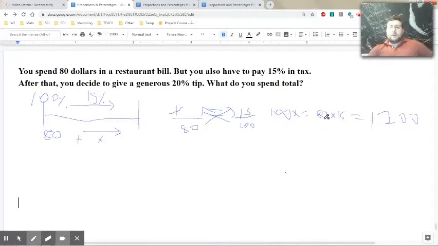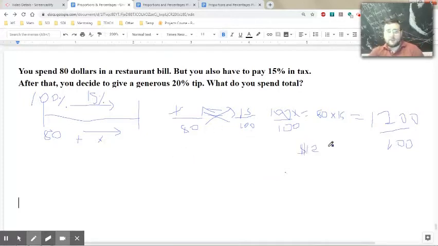And then I have to divide both sides by 100 because that's what's next to my x. So if I divide both sides by 100, I can get my answer, which is 1200 divided by 100, or just 12. So it seems like I have to pay $12 in taxes.